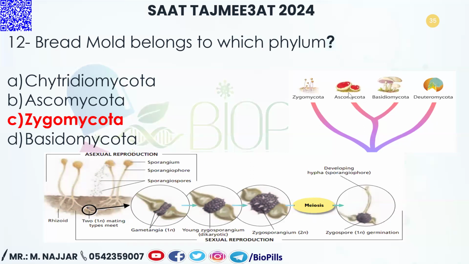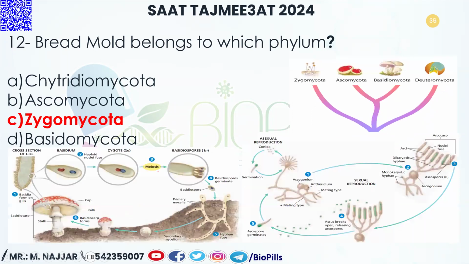Ascomycota have the ascus, which is the sac, such as the truffles. Basidiomycota, such as the mushroom, the honey mushroom, are produced by basidia. Basidia are structures here; it's not clear to be seen here. Deuteromycota, or imperfecta, lack the sexual structure. Ascomycota: this is a structure that is called the ascus. The ascus is a bag or a sac that has the spores, the ascospores.